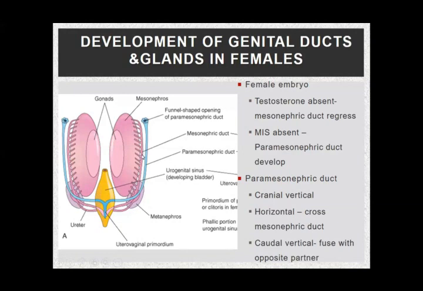This is the mesonephric duct, the pink one, and the blue one is the paramesonephric duct. The development of the paramesonephric duct and the mesonephric duct we did last time. Now, how do the genital ducts develop in the females?